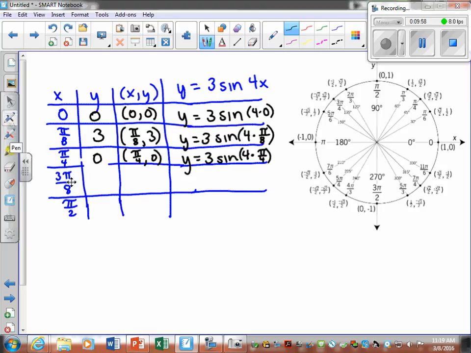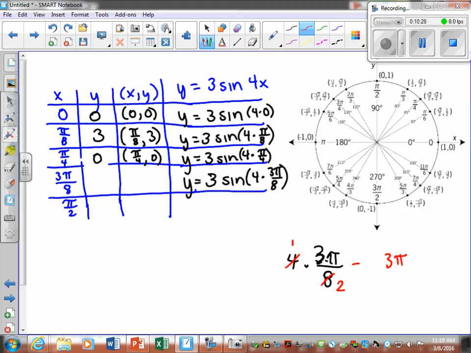Okay, go ahead and do that with the next one. Let's do 3 pi over 8 together. y equals 3 times the sine of 4 times 3 pi over 8. 3 pi over 8 times 4. Okay, reduce this 4, divide by 4, so that's just going to give us 3 pi over 2.